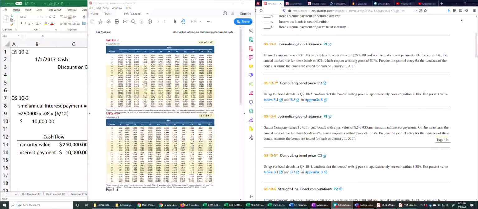And since interest is paid twice a year, we're going to get 20 interest payments over the 10-year life.